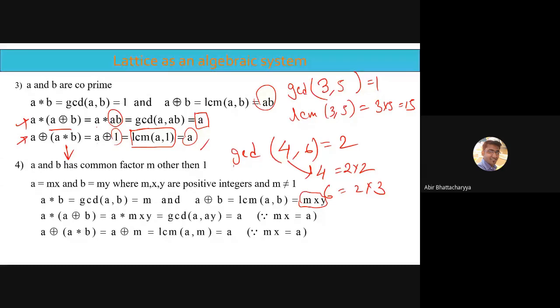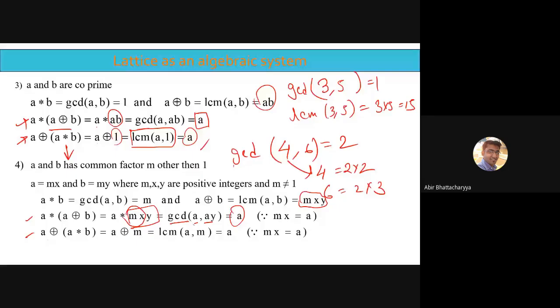And finally, let's go for the absorption law. A star (A plus circle B) equals A star mxy, where A plus circle B means mxy, which is your LCM. We know that A equals mx, so I'm replacing A with mx over here.